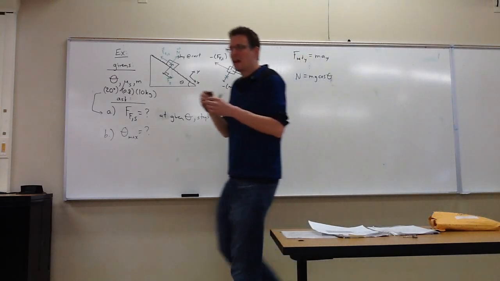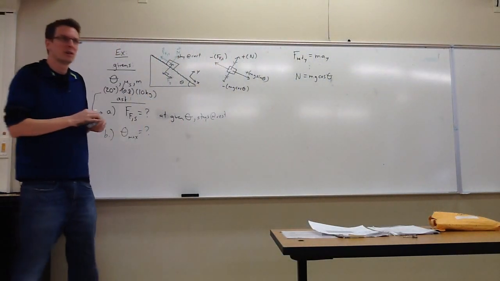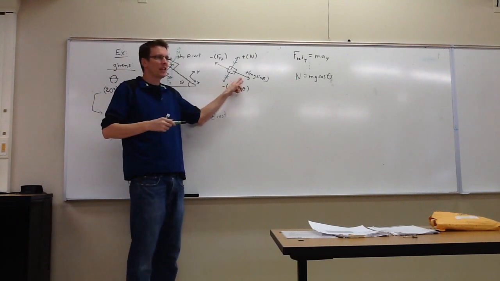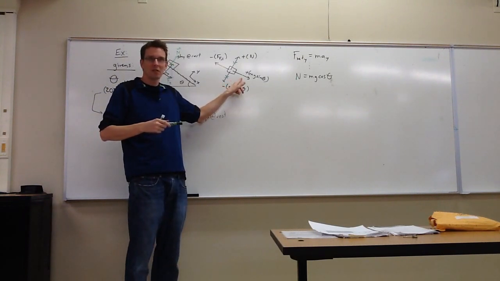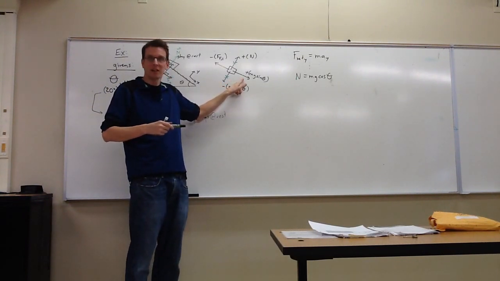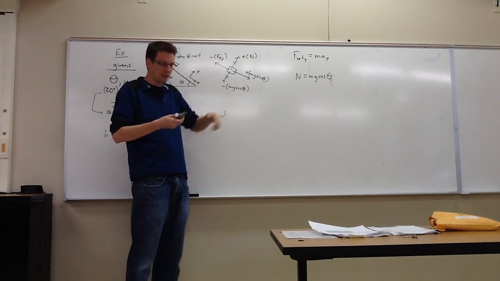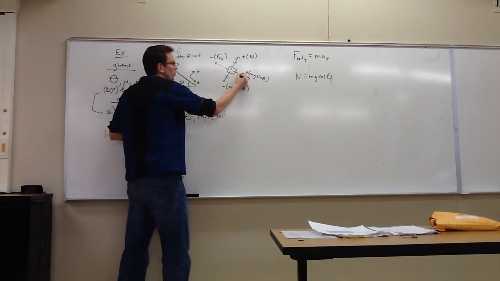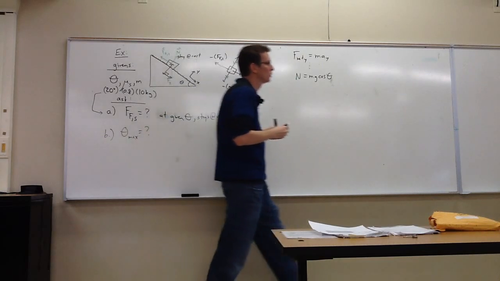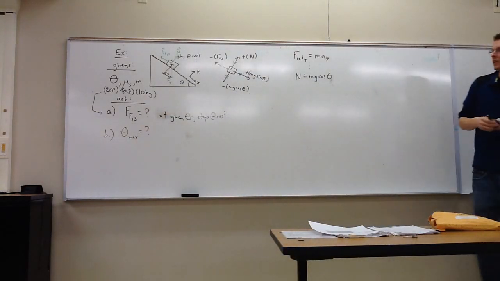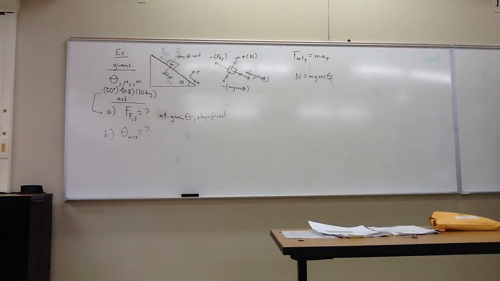The only difference now is in the x direction. Before, mg sine theta was free to do its thing, right? That was the net force that caused the acceleration, but now that gets killed. And of course, if those forces all cancel, then the net force is 0.